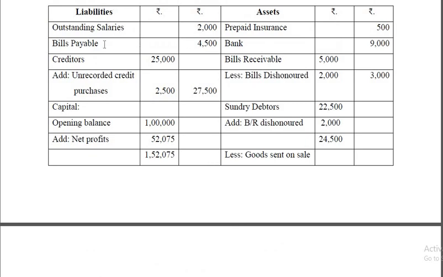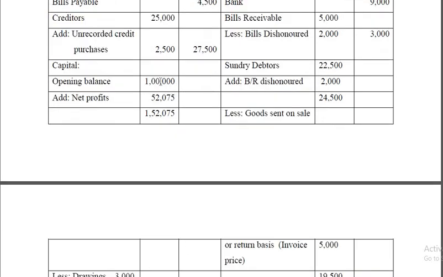Look at the liability side. Outstanding salaries 2,000, bills payable 4,500, creditors 25,000. To that you have to add unrecorded credit purchases from Ganesh Stores 2,500. So purchase from Ganesh Stores, that is credit purchase, that is included under sundry creditors 27,500. The capital at the beginning is 1 lakh.